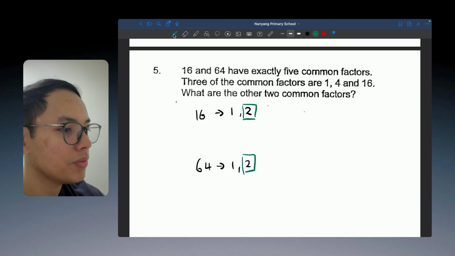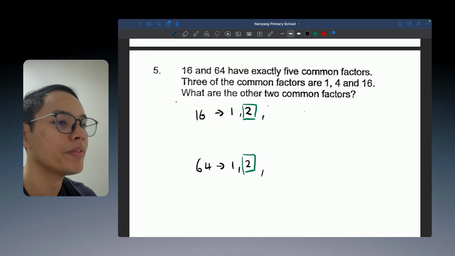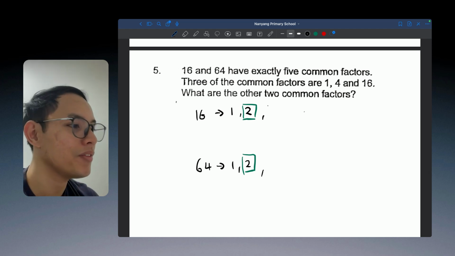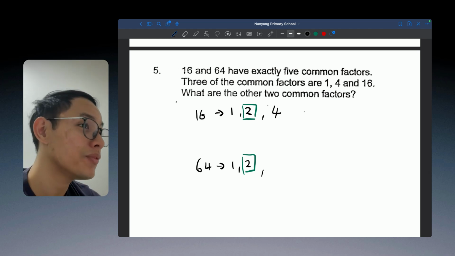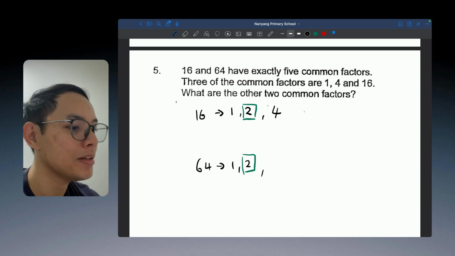Okay, let's go for the next one, which is what is the next common factor between 16 and 64? Can 16 divide by 3? Nope. 64? Nope. So if it's not, cannot, right? So let's move on to 4. Can 16 be divided by 4? Can, because 16 divided by 4 is 4. 64 divided by 4 is what? It's quite a long number, but can it divide by 4?